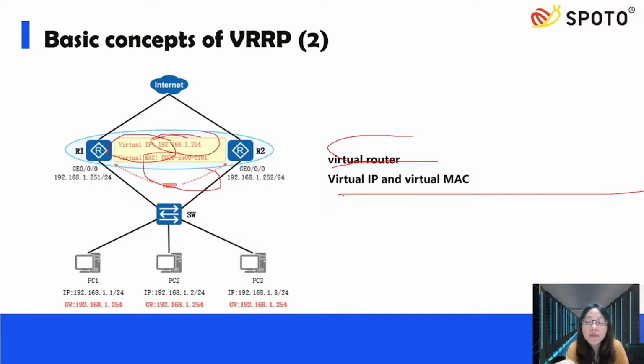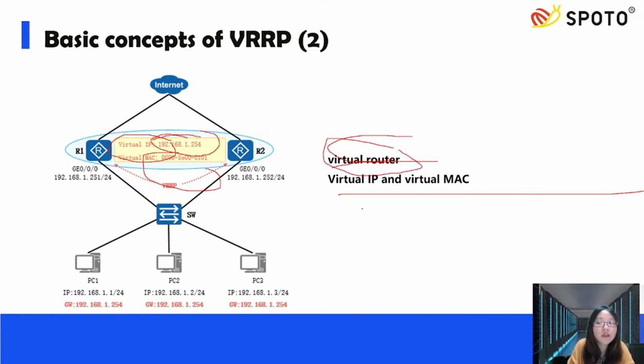When you configure VRRP, you can configure the name and the virtual IP address. A virtual router can have one or more virtual IP addresses.